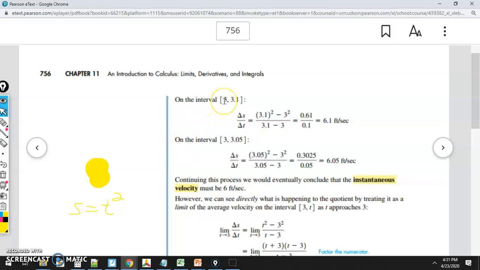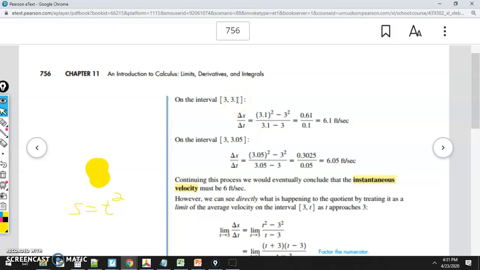So from 3 seconds to 3.1 seconds, okay, we could figure out the speed by taking 3.1 squared minus 3 squared, okay? So you're subtracting the two. So this is A is 3, and B is 3.1, okay? And then on the bottom, the time difference would be 0.1, so the speed is 6.1 feet per second between 3 and 3.1.